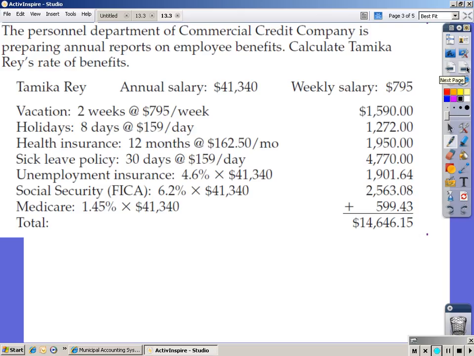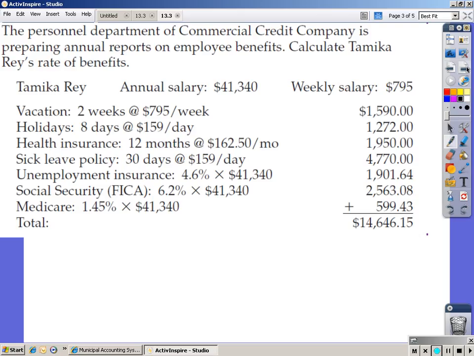The Personnel Department of Commercial Credit Company is preparing annual reports on employee benefits. Calculate Tamika Ray's rate of benefits. All it wants us to find is the rate of benefits. To do that, we take the total employee benefits divided by the annual gross pay.